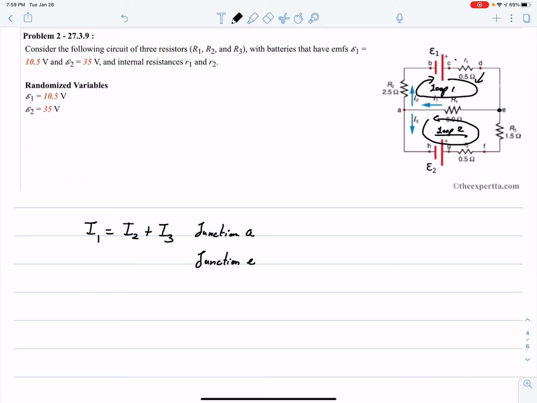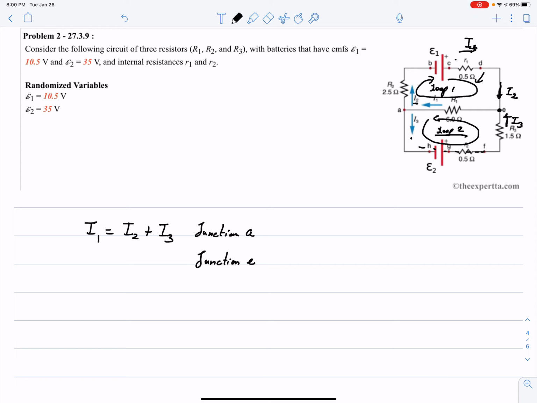So current 2 continues going from A, B, C, D, all the way back to E. So current 2 is here as well, and here. And current 3, following it all the way around the circuit, is right here.